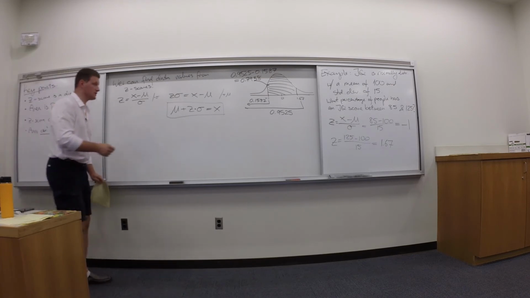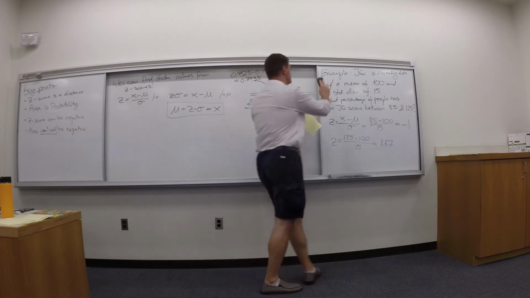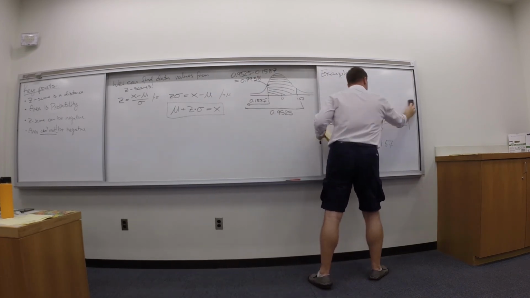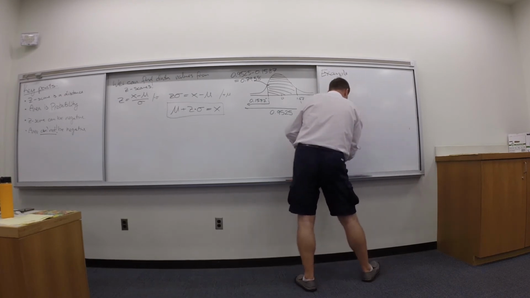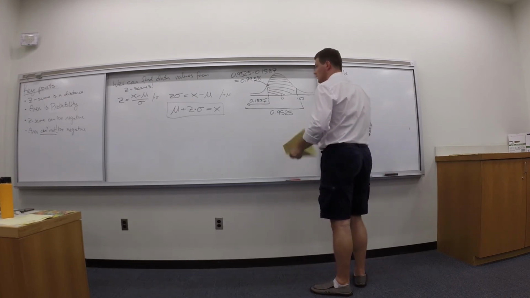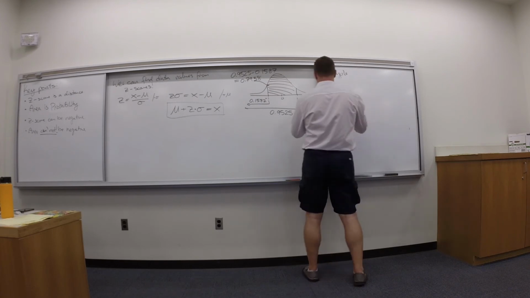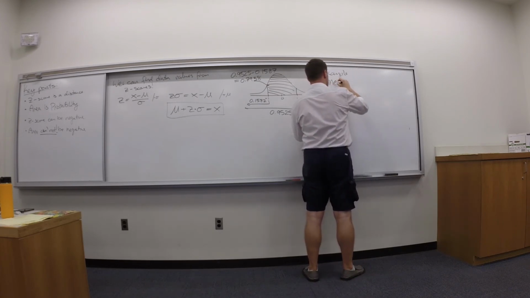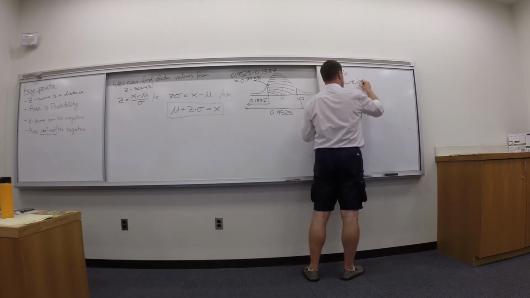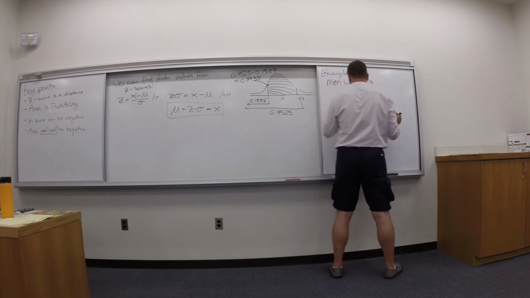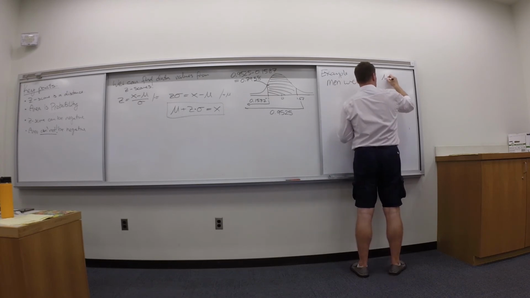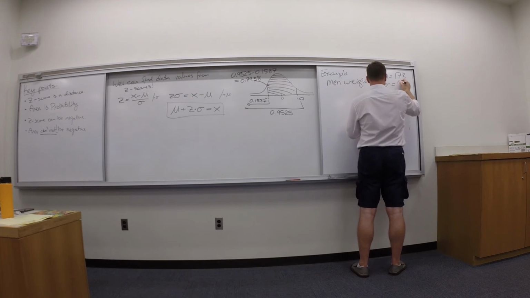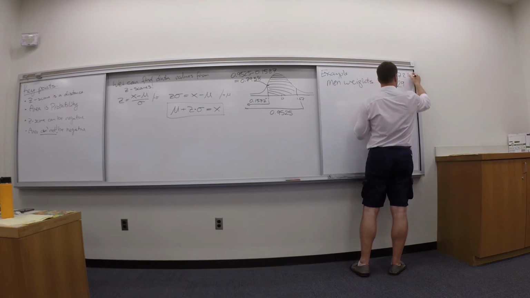Okay, let's look at an example. Men's weights. Well, what do we know? The mean was 172, the standard deviation was 29.